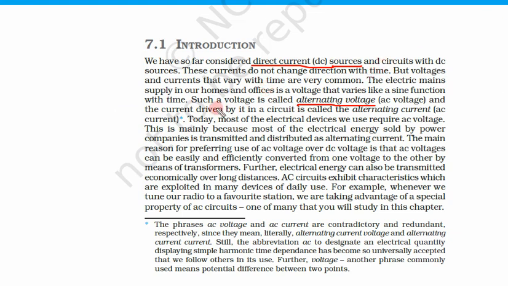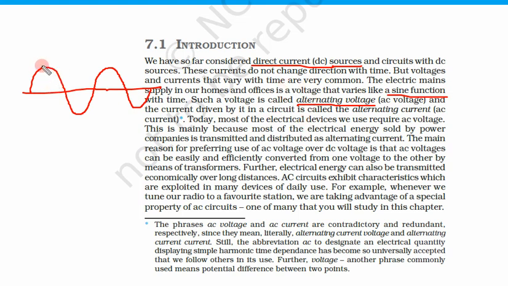Now we have seen that the electric mains supply in our homes and offices, all the electricity we are consuming, varies like a sine function, like this sine wave kind of thing. And we have already learned that there is no big difference other than phase in sine and cos waves.